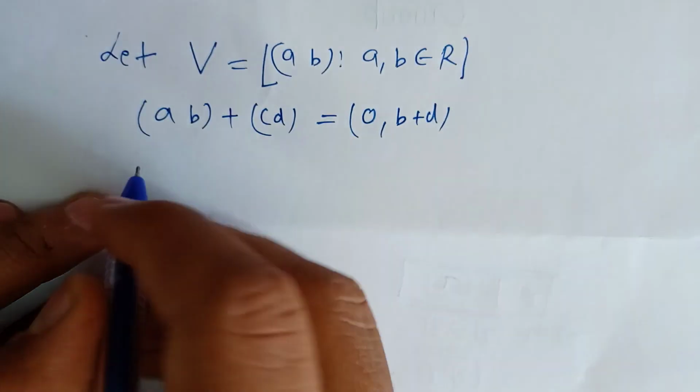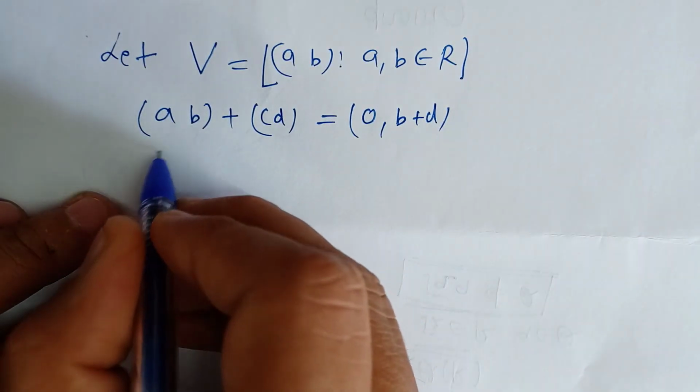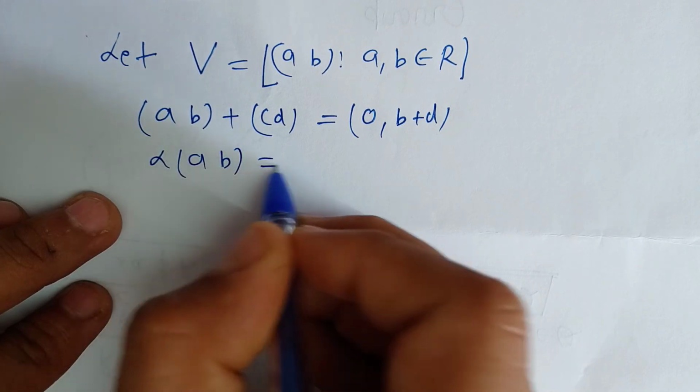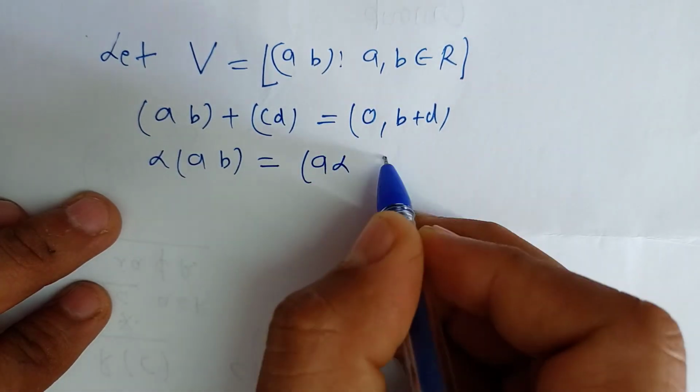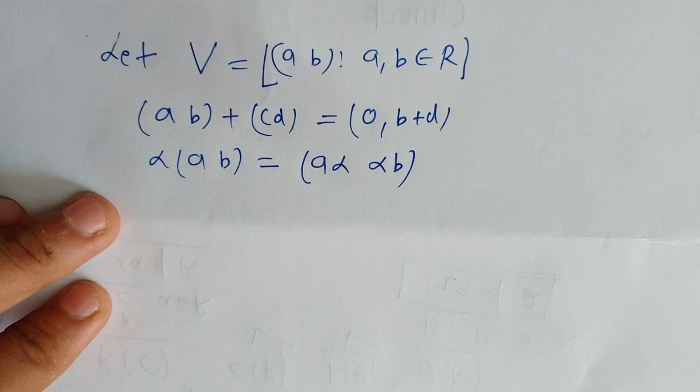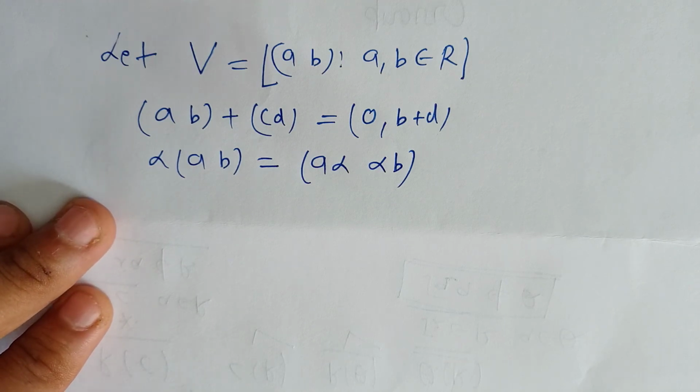This is how vector addition is defined, and scalar multiplication is defined as (a, alpha b)... so this is given. You have to show that V is not a vector space.